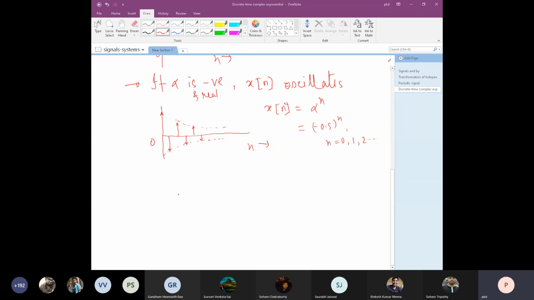There can also be a divergent sequence. So this is, of course, for minus 1 less than alpha less than 0.